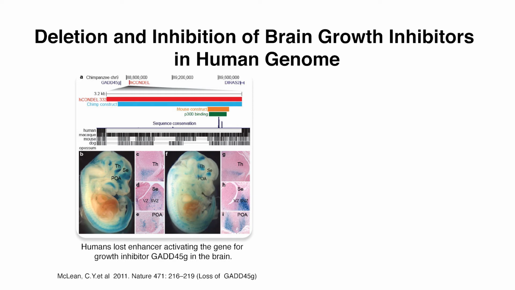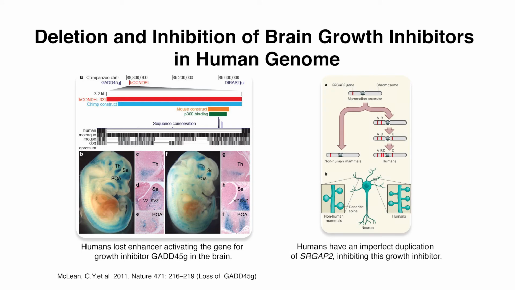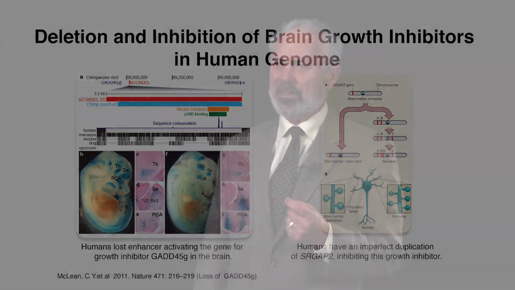Humans also, as mentioned earlier, have an imperfect duplication of the SRGAP2 gene, such that one of the duplicates actually encodes an inhibitor of the original gene. The original SRGAP2 gene encodes an inhibitor of neural growth, and the imperfect copy actually inhibits that inhibitor. And here we see a very important principle of developmental biology. Activation is often the inhibition of an inhibitor.